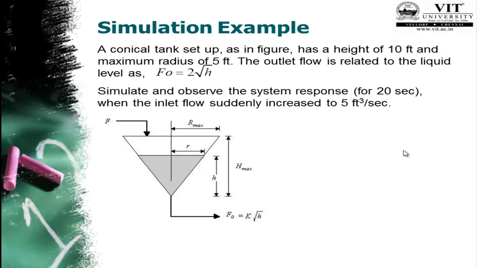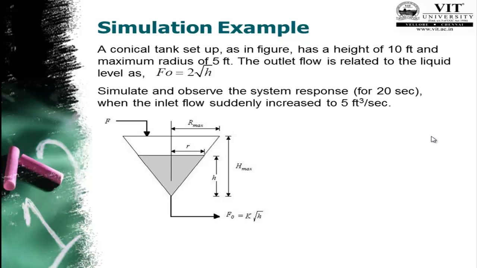Now we will take a simulation example, and then we'll see how to simulate this and get the open loop response using MATLAB. Now I have a conical tank, and we got the dimensions of the tank.